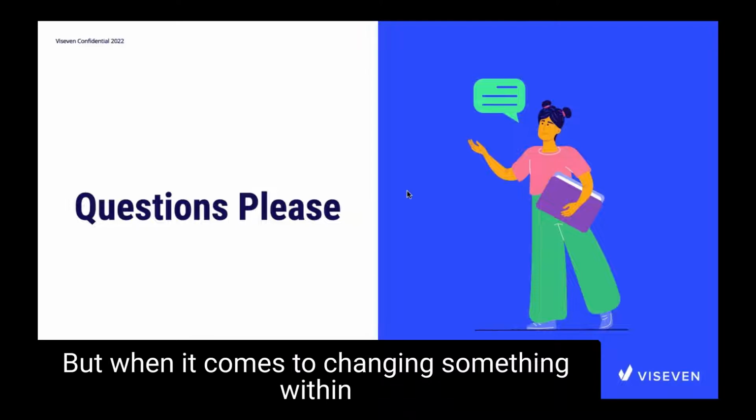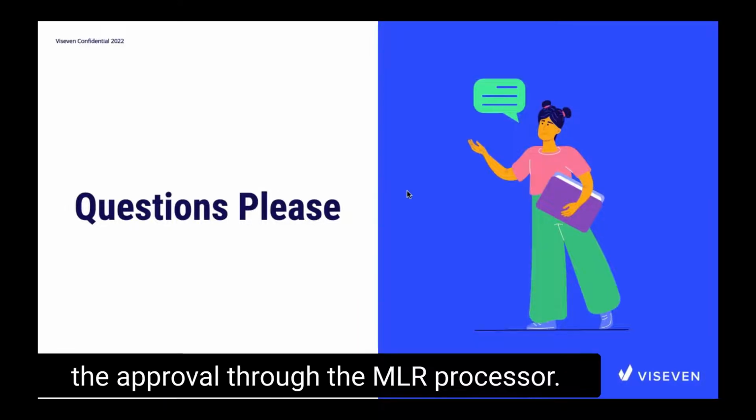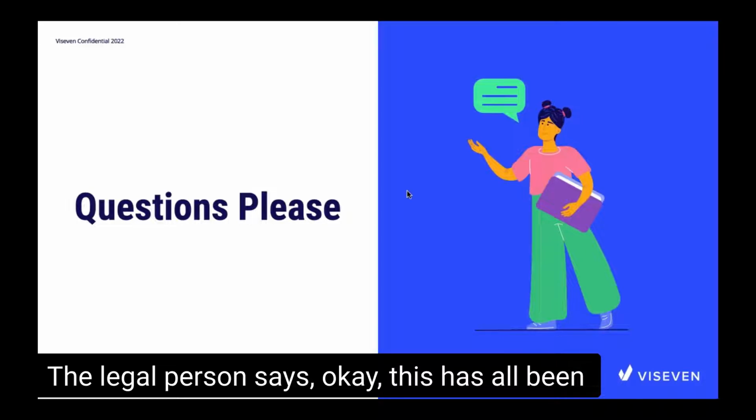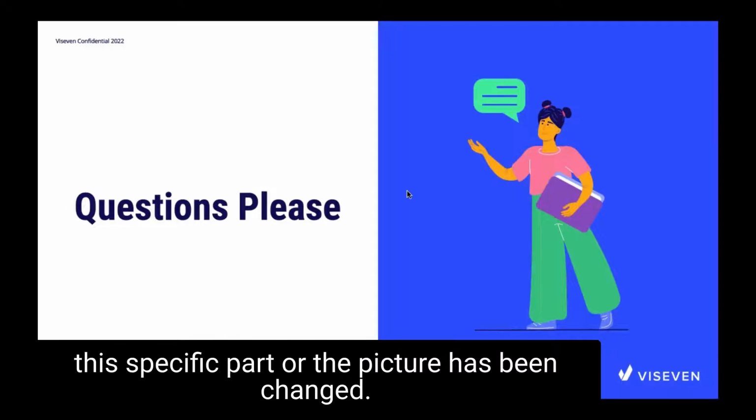But when it comes to changing something within that module, our system is able to show the approver through the MLR process, or the legal person, that okay, this has all been pre-approved, but the wording has been changed at this specific part, or the picture has been changed.